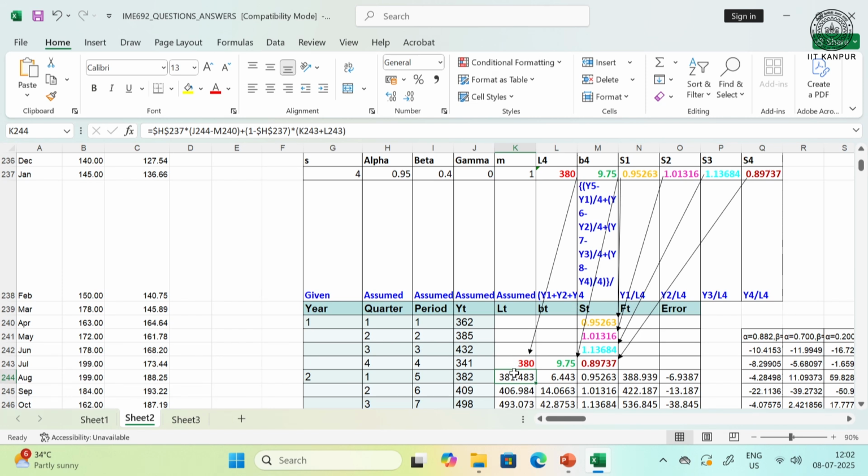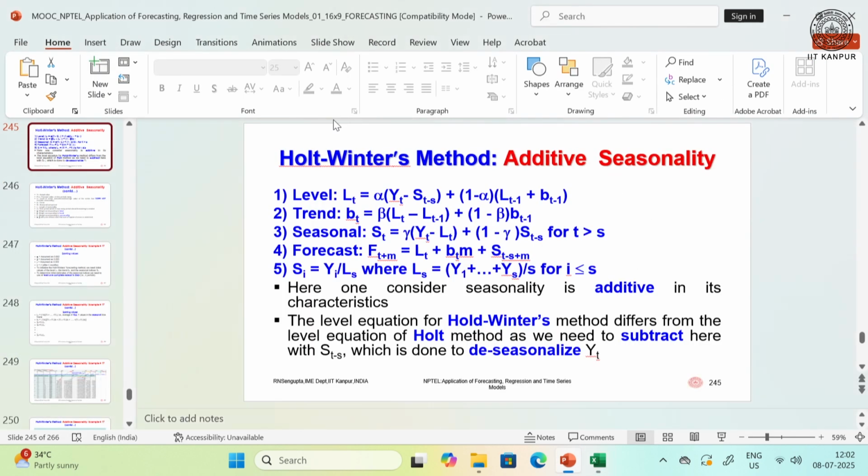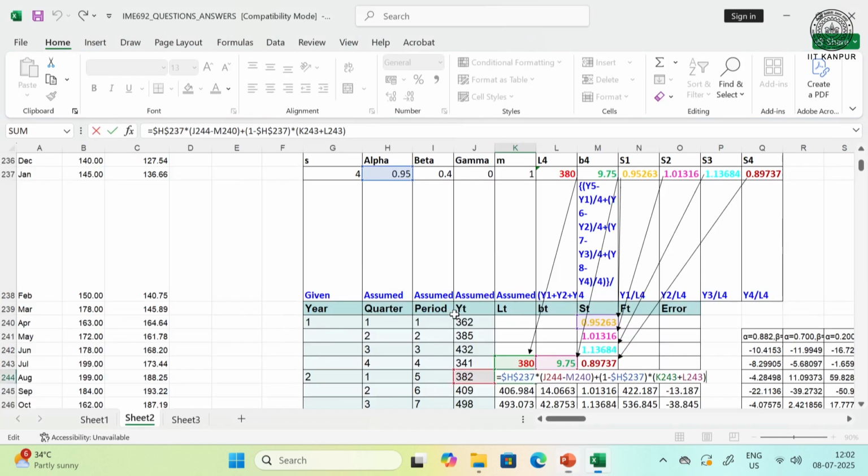So, LT next value, if you see, is H237. H237 is alpha value multiplied by J244. J244 is basically the value of Y5. So, that value where we are trying to find out, which is basically YT, and ST minus S is basically given by the value of M20.